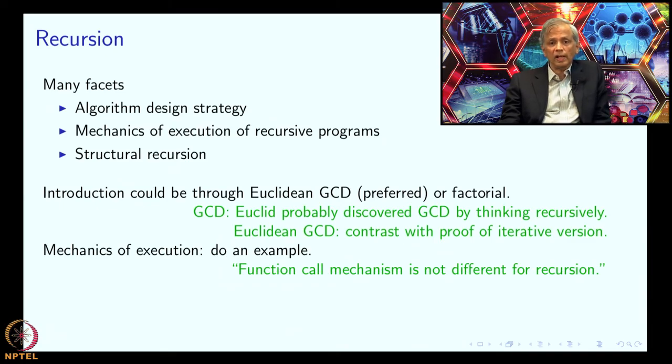Recursive functions don't have any different mechanism. That's the beauty of explaining that mechanism: you explain it once and it comes in handy in explaining this supposedly more complex concept of recursion. This is discussed in chapter 10.